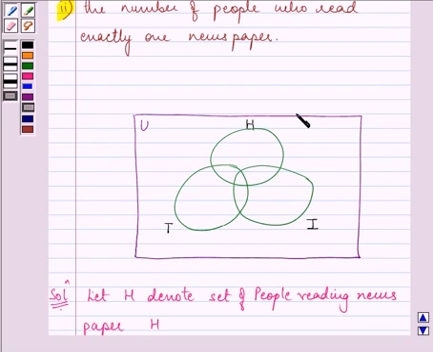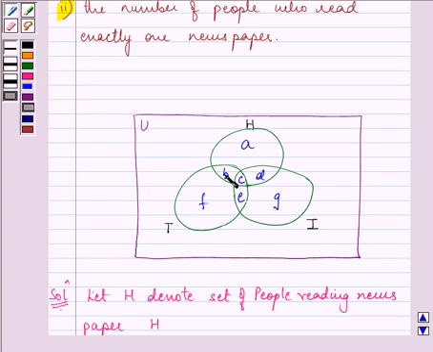Now, let us have elements A, B, D, C, E, F, G in all the 3 sets.